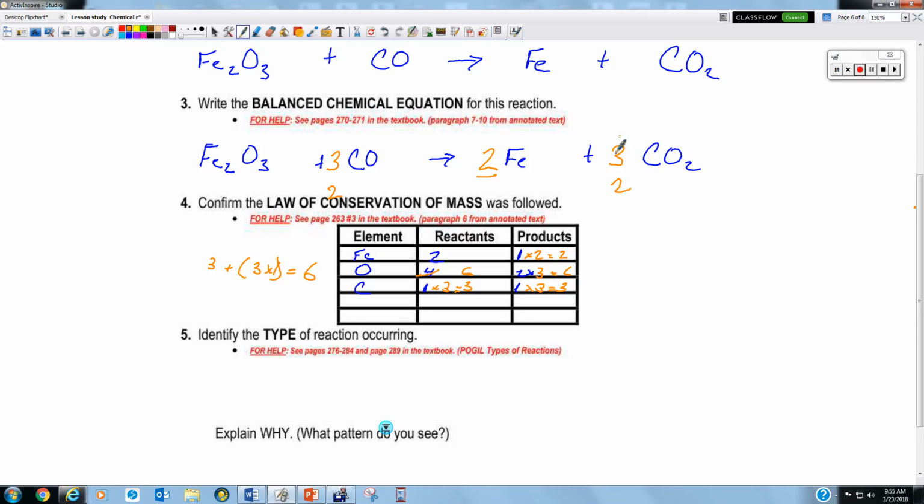So I just went 1 coefficient higher, so I put a 3 there. And when I did that, 3 times 2 is 6. And then the way that I got 6 here is I go 3 times 1 is 3, plus this 3 gives me 6. All right?